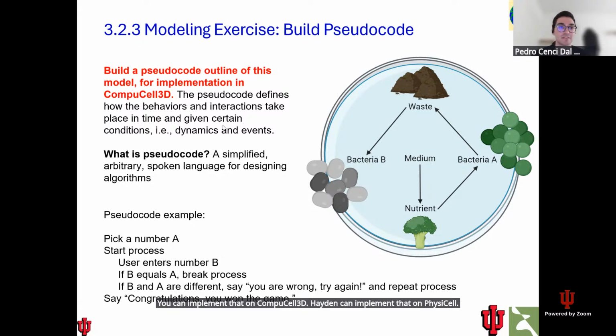Alan can implement that in finite element models. If I give you a CompuCell3D code and you want to implement that in another framework, you have to do what? The pseudocode. So the pseudocode is oftentimes more relevant scientifically than the code itself.